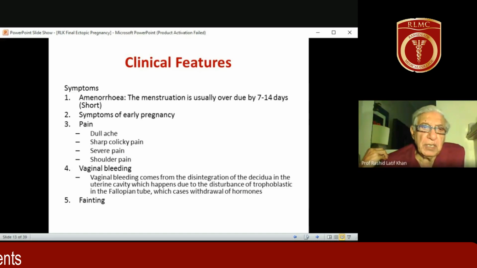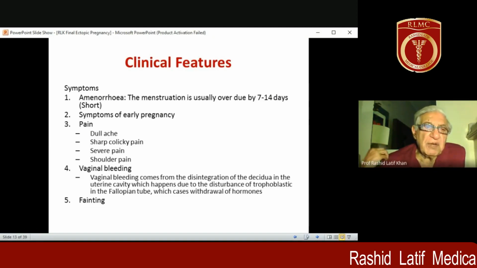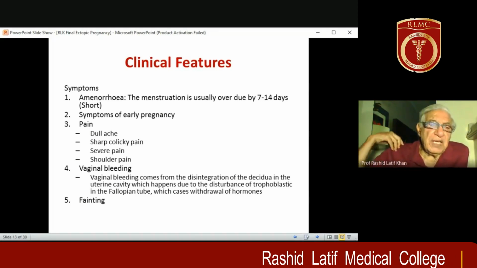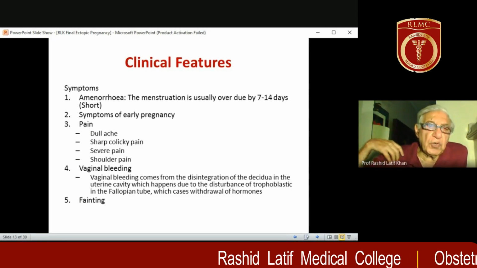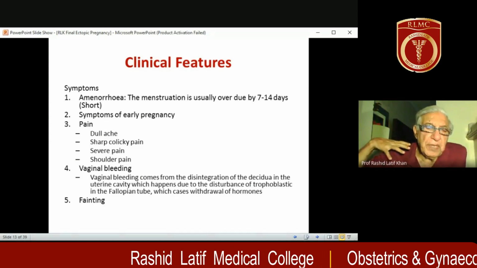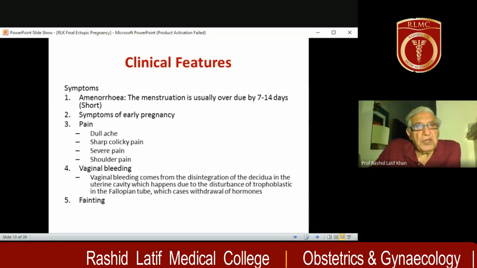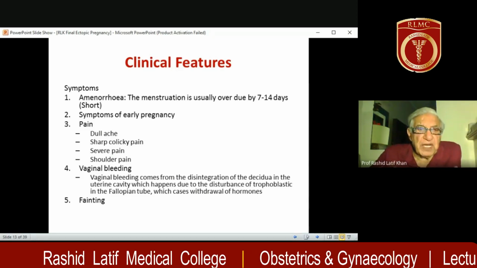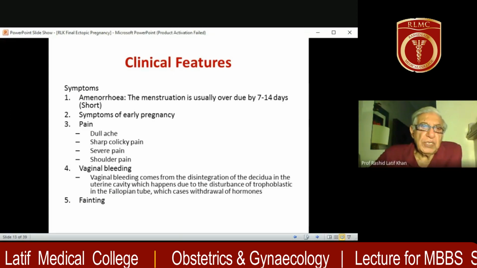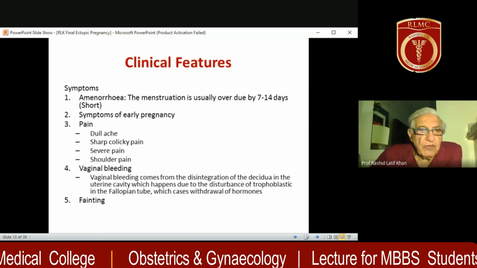So imagine an ectopic in the pelvis, but the patient complains of shoulder pain because there's a lot of blood in the peritoneal cavity. That blood is irritating the diaphragm, and that diaphragm irritation causes referred pain that is called shoulder pain.